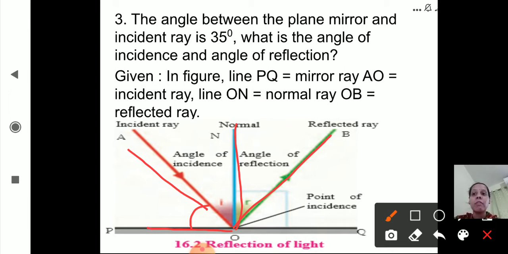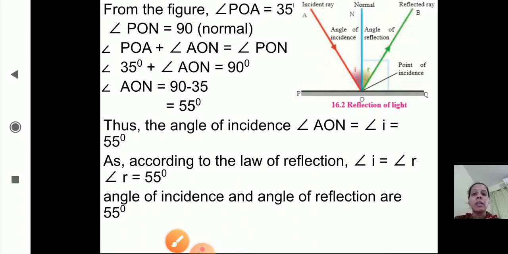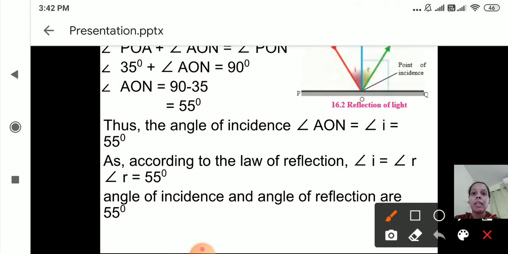And which angle is given? The angle between plane mirror and the incident ray is given, that is 35 degree. And what we have to find out? We have to find out the angle between the normal and the incident ray, that is angle of incidence, and angle of reflection. So let's start now. In the solution, from the figure, angle POA is equal to 35 degree, which is given.